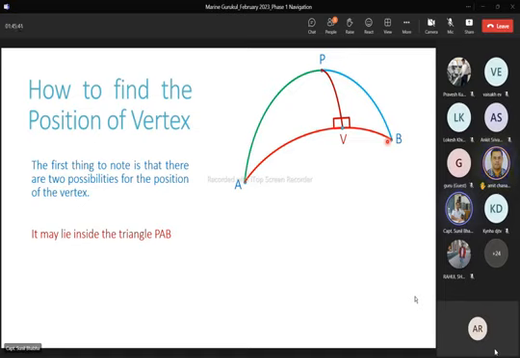No, I have not explained it yet. I have only taken one possibility. Now I will take the second possibility. Then I'll explain to you when it is inside and when outside. And which side will it be, either towards the angle A or towards the angle B? It is not explained yet, no, sir? Okay, not explained yet.